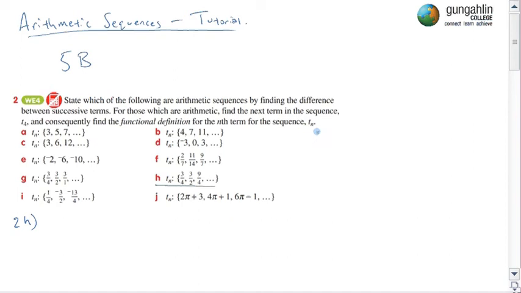Alright, so what I'm going to do first of all is write out a little game plan over here. It says find out whether or not it's arithmetic, so that's the first goal. Is the sequence arithmetic? Goal 2 is, only if it is, find the next term in the sequence, t4.